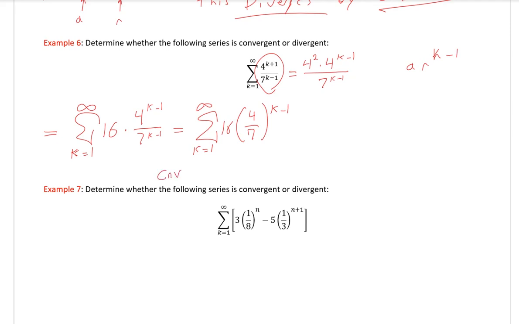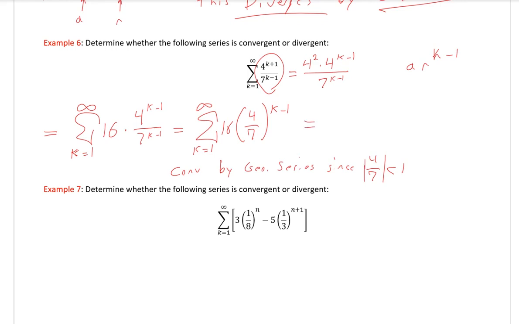So we know that this converges by geometric series, since 4/7, the ratio, is less than 1.